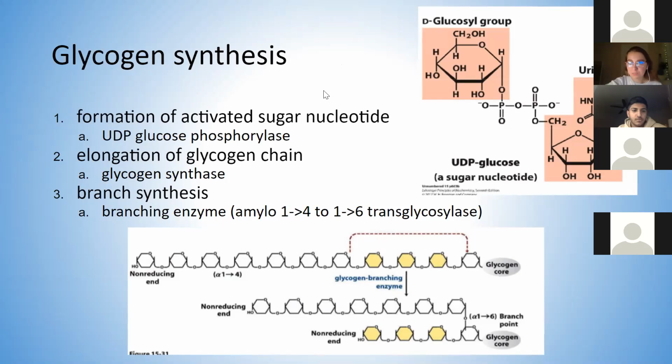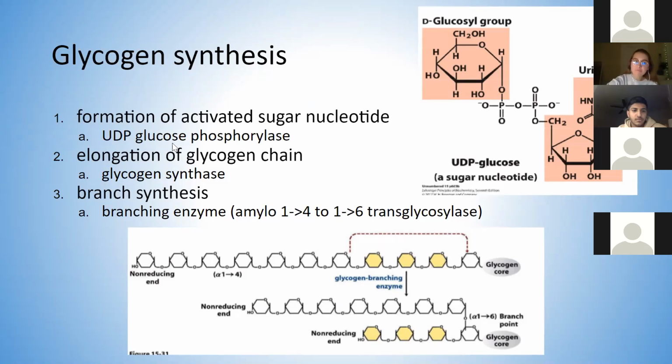This is very similar to how we have used the hydrolysis of ATP to facilitate reactions in glycolysis. It is very similar here in that we are combining UTP with glucose 1-phosphate and yielding UDP glucose, which is the molecule shown on the upper right-hand corner here, with the liberation of pyrophosphate to essentially make this step favorable.